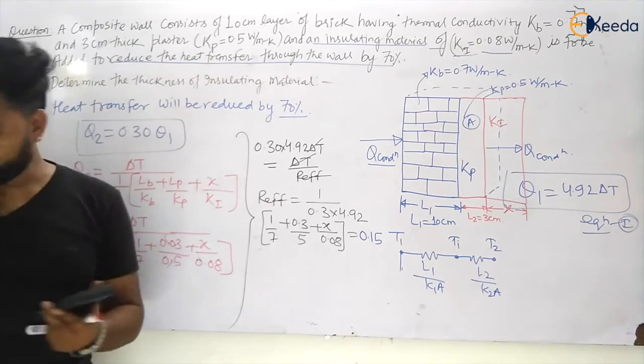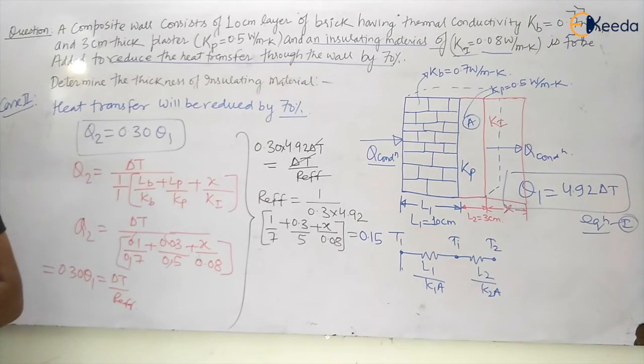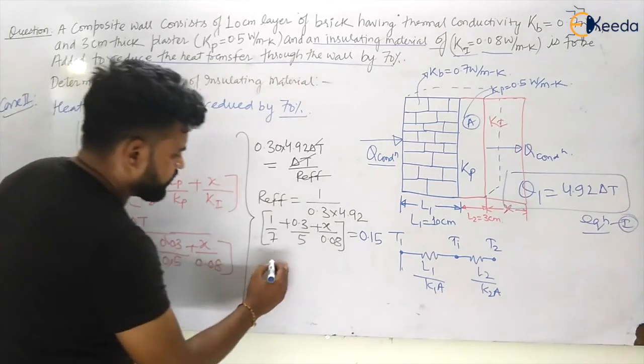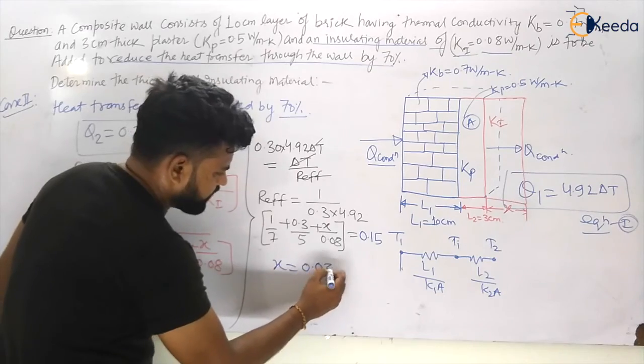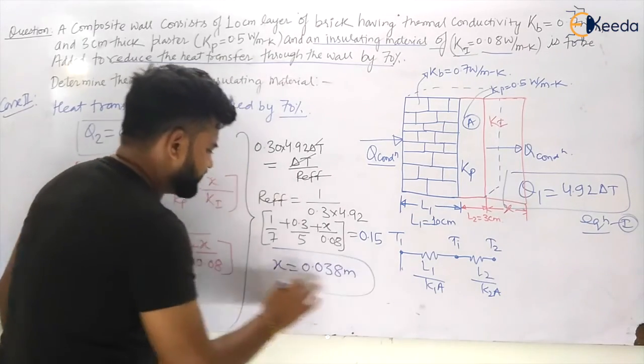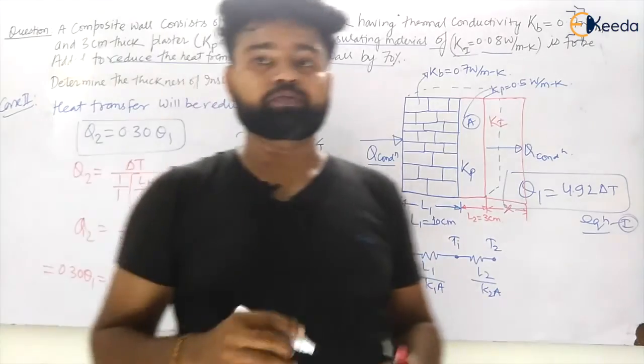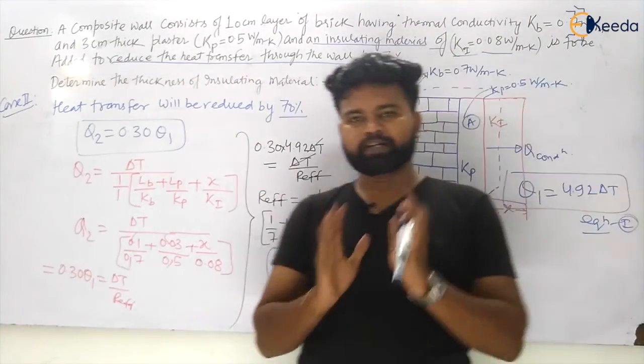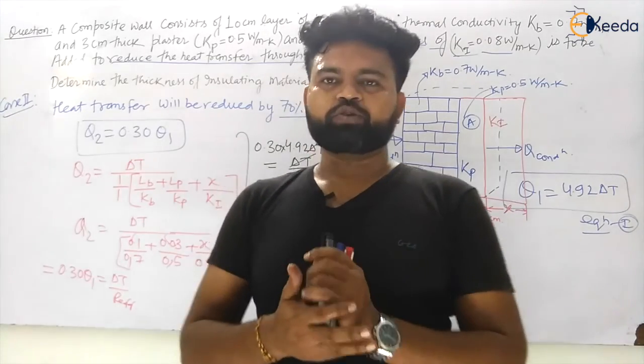This will be nothing but equal to 0.038 meter. So X will be equal to 0.038 meter. So the thickness of insulation required will be about 0.038 meter. By these equations we can exactly calculate the particular values. Okay guys, thank you so much.